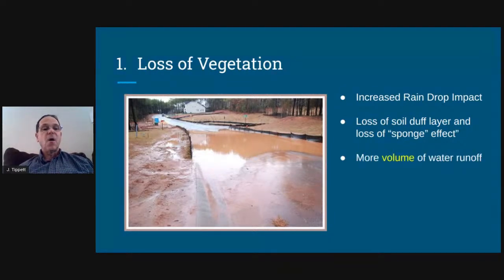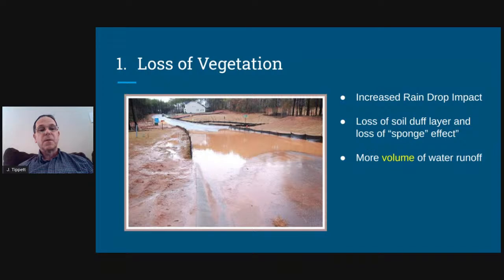It also means that a whole lot more water runs off in developed areas, because when there are roots and plants growing, all of those little roots going down into the soil are little pathways that allow rainfall to make its way into the ground, right, and recharge.